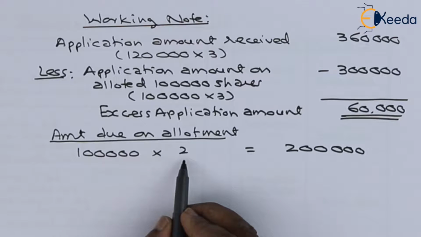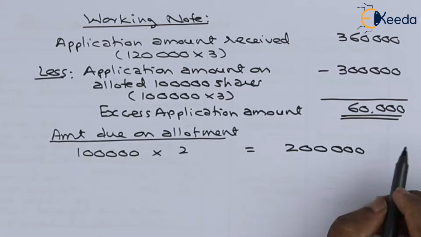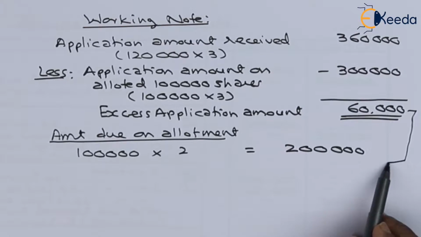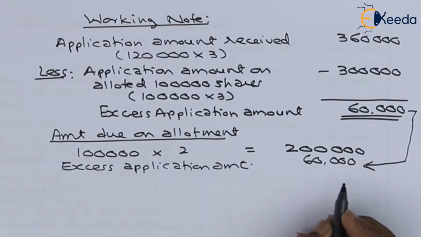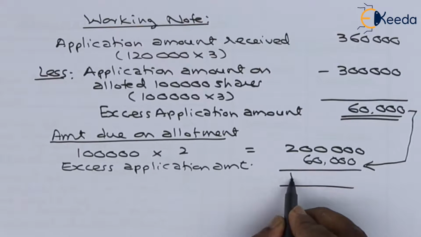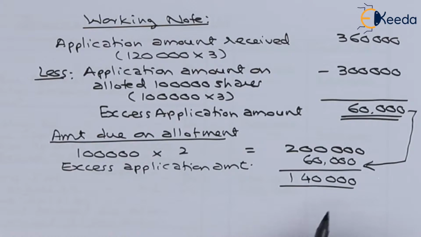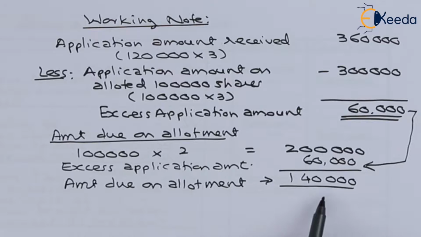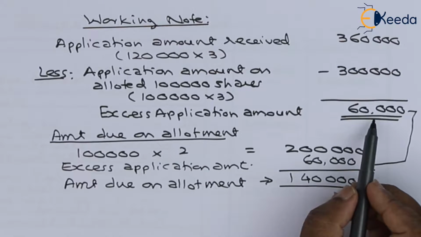After adjusting discount of rupees 1, we are required to get 2 lakh rupees. 60,000 we already have. That will be adjusted first, the excess application amount 60,000. So 1,40,000 will be the amount finally due on allotment. This is the amount shareholders are required to pay towards allotment, because we already have excess application amount of 60,000.